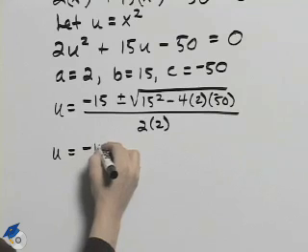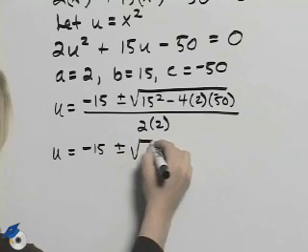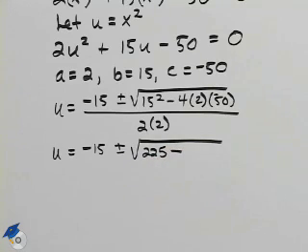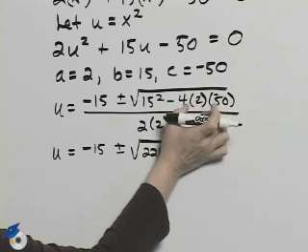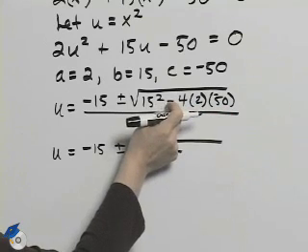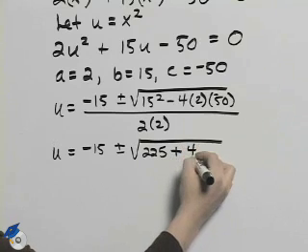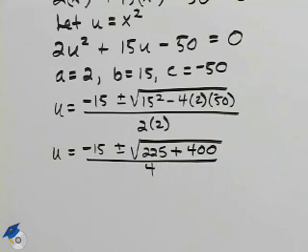In this case, simplifying a bit gives us u equal to negative 15 plus or minus square root of 225 minus 2 times 50 is 100. 100 times 4 is 400. Notice we have a subtraction of a negative, so this will be plus 400. That will all be over 4.